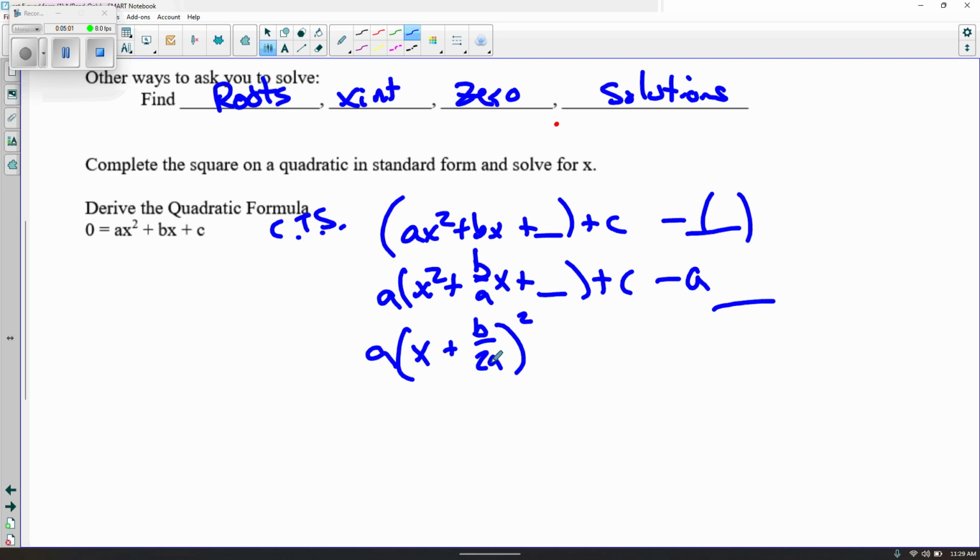Now, when we multiply b over 2a and b over 2a, we get what? B squared over 4a squared. You see that, Reese? And this ends up being b squared all over 4a squared.